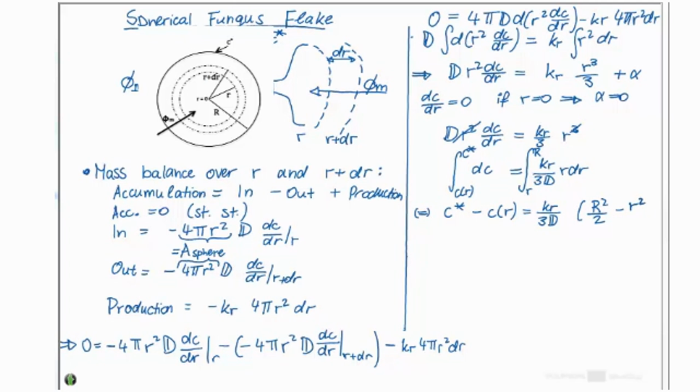So if you fill that in for all the border conditions, you find this expression. Now isolating for C of r, you get C star minus the reaction constant divided by 6 times the diffusion coefficient times big R squared minus small r squared. So this is your concentration profile.